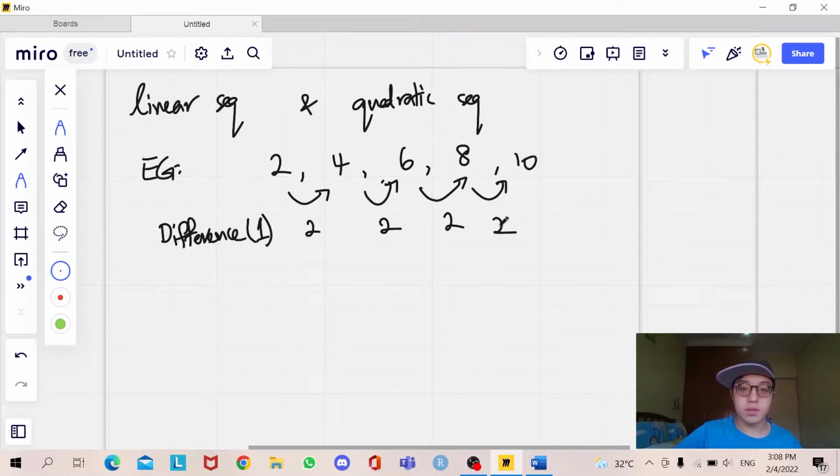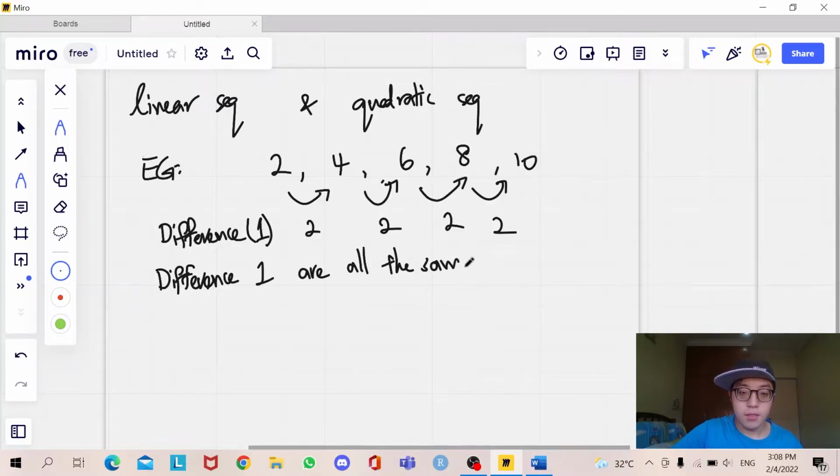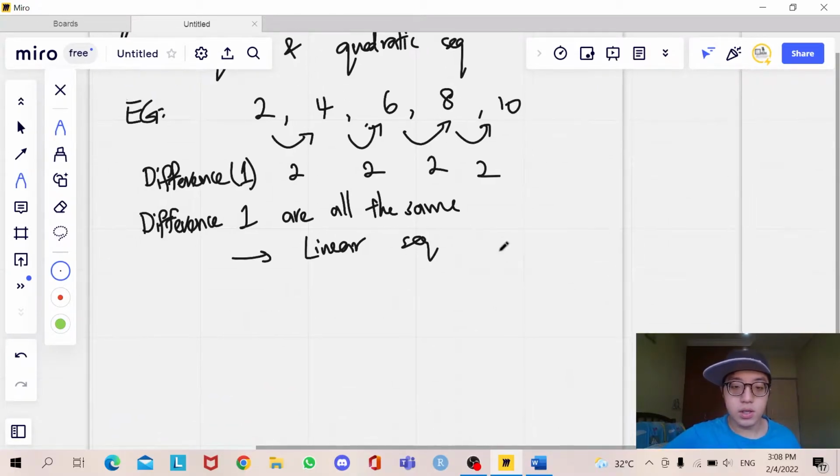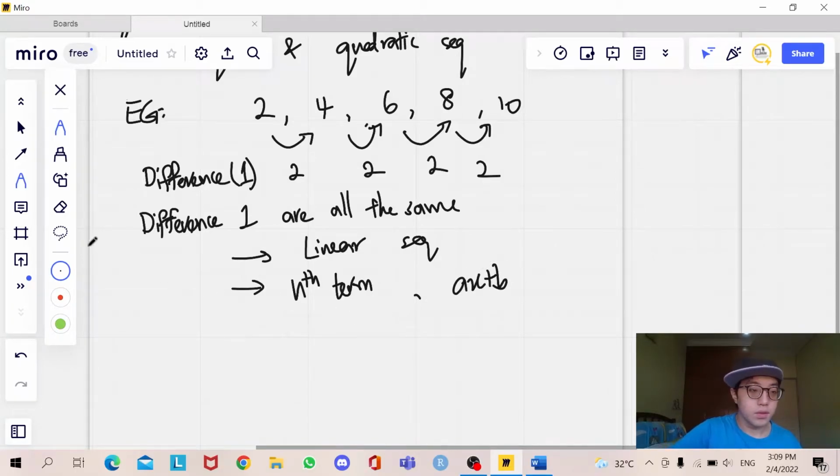Difference 1, if difference 1 are all the same, then this is a linear sequence, which means your nth term will be in the form of ax plus b. Okay, it's just that simple.